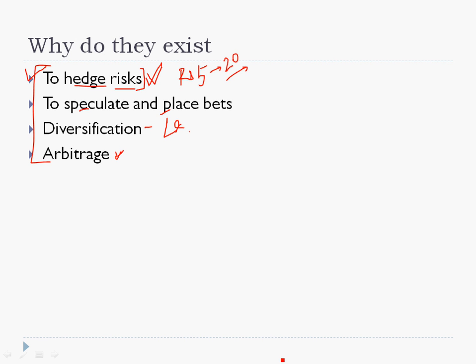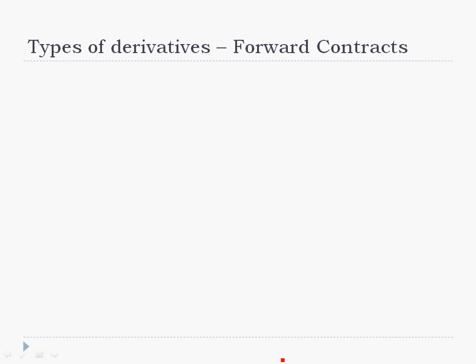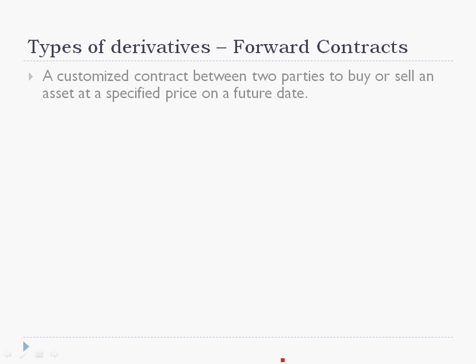Now let us look at various type of derivatives, which is important from our exam point of view. So we'll look at forward contracts. So the one which we have seen before, the tomatoes and the restaurateur contract, is a forward contract. So it's a customized contract between two parties. So customized is important here.